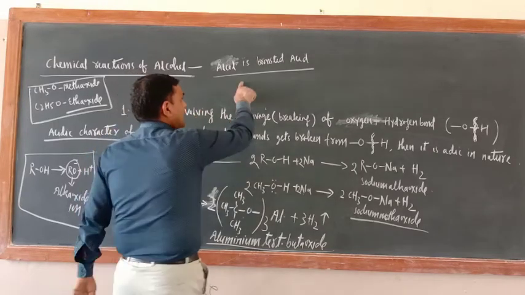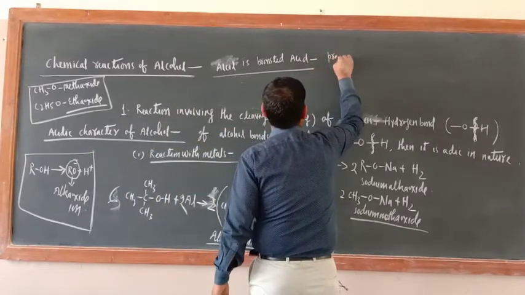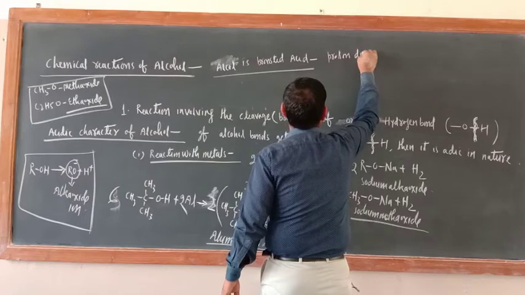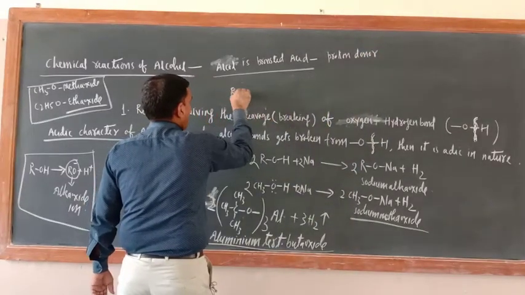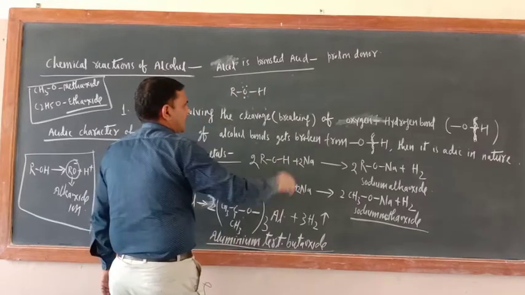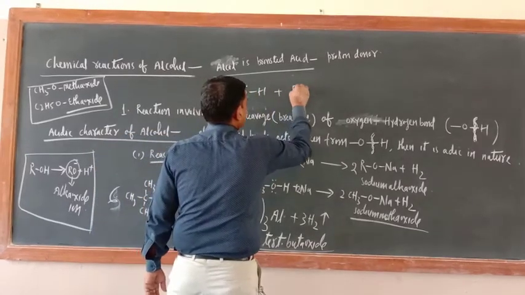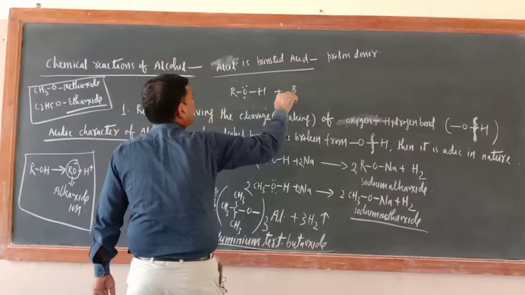So alcohol is a Bronsted acid because they are proton donors. Okay, just check here, this is ROH, correct? Now suppose one base is there. Bronsted acids are proton donors.